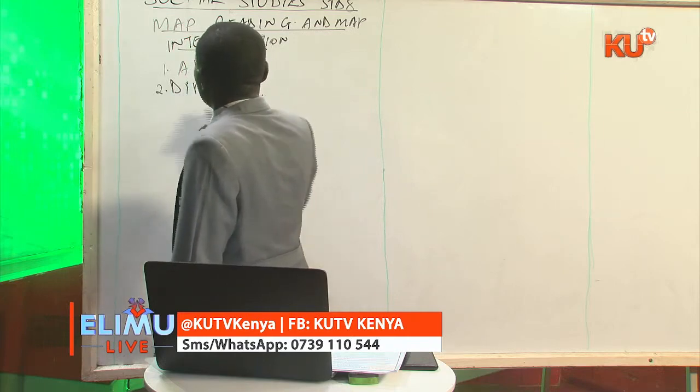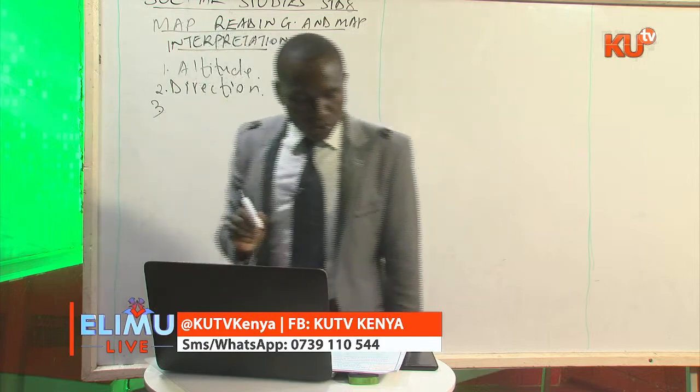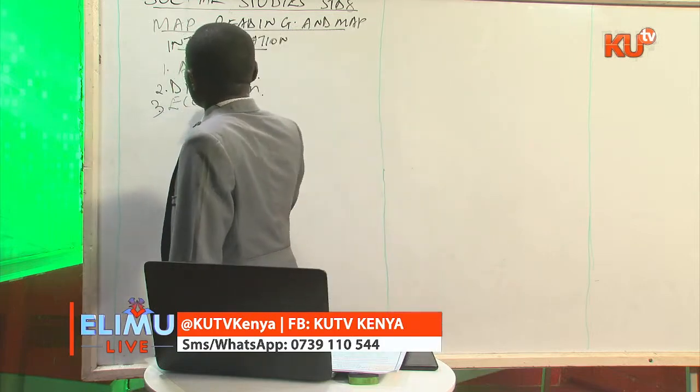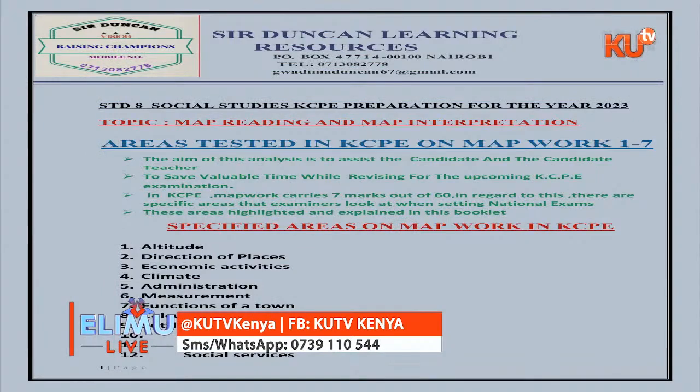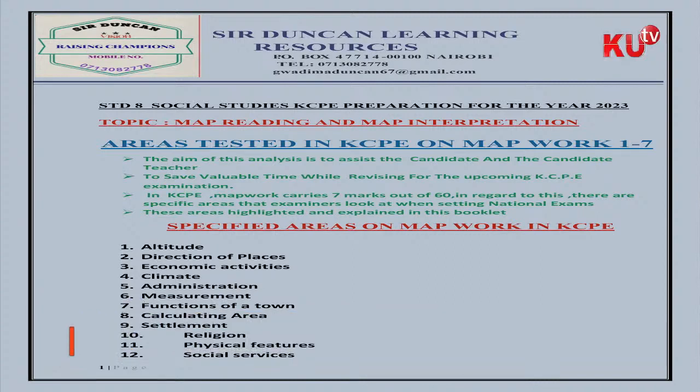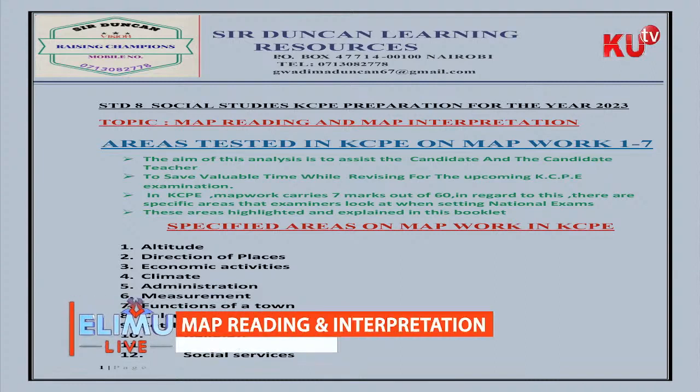We also have economic activities, climate, administration, settlement, measurement, and calculation of distance on a map.